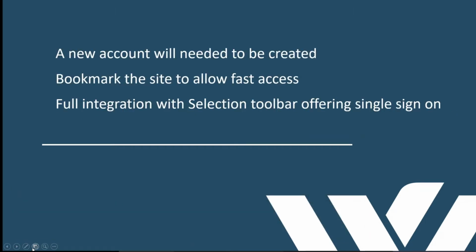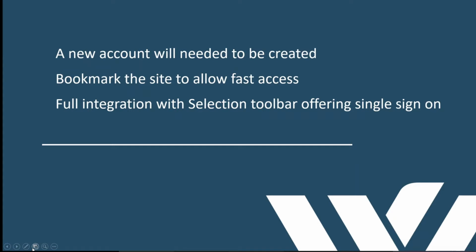A couple of things to bear in mind. You will require a new account when you use it for the first time. And that's because the new web-based version of the software uses a global single sign-on to all Flat Group selection tools. And to achieve that, we have to create a new account, basically. So the old accounts you have in the desktop program will not be migrated across.